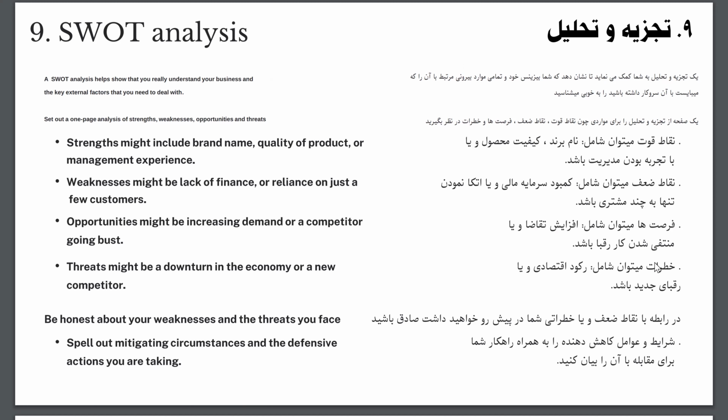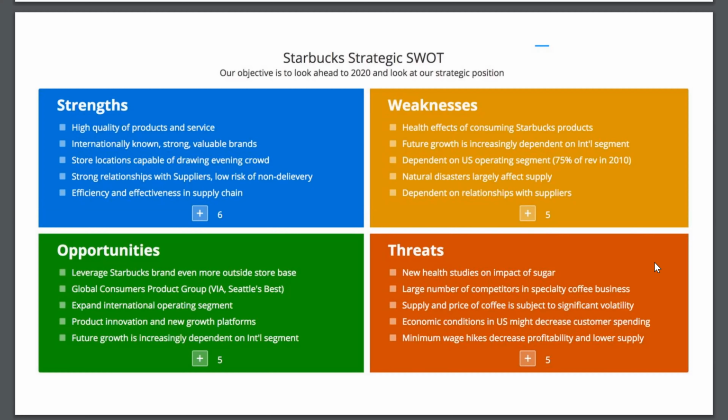But yeah, I feel like this is pretty self-explanatory, but you can also compare and contrast your strengths to your threats and ask, okay, do we have more strengths than threats? Because you're always going to have a little bit of both.